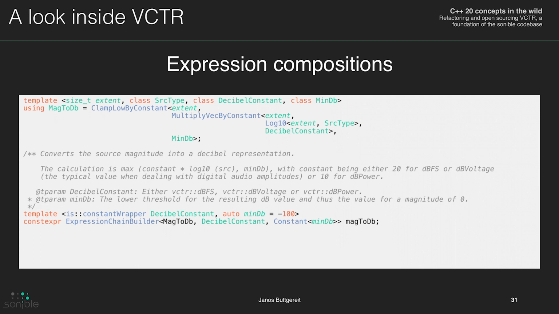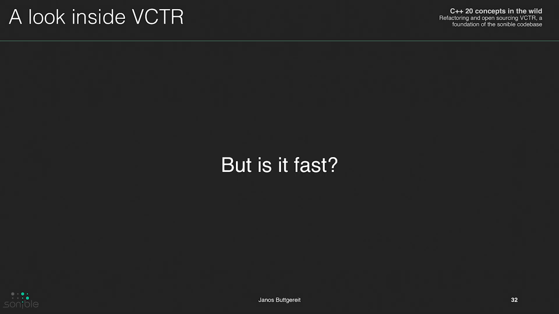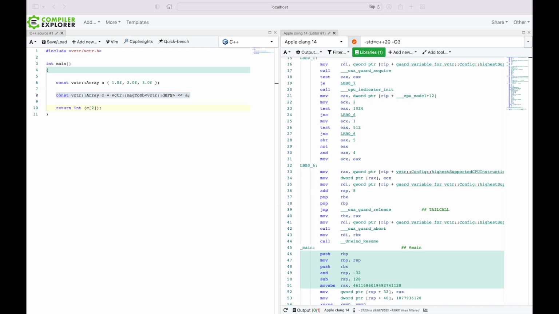Okay, a lot of template stuff. You could ask, is it fast? And I did ask this myself too, because at some point you don't really know which choices the compiler will make anymore if templates grow that much. And I thought the easiest way to find it out is to look at the assembly code.